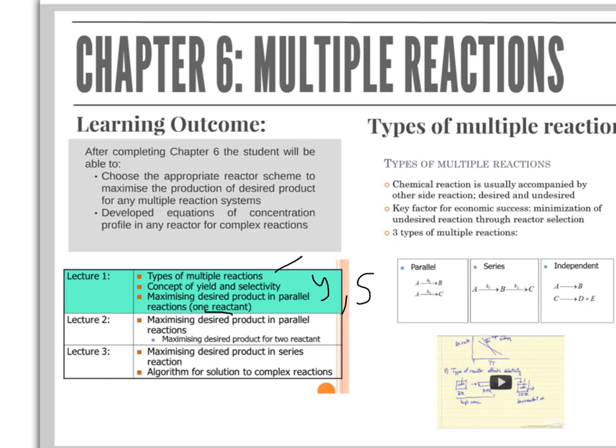In lecture 2, we will look into maximizing desired product in parallel reaction, but we have 2 reactants. And in lecture 3, we will look into maximizing desired product in series reaction, as well as developing an algorithm for solution to complex reaction.